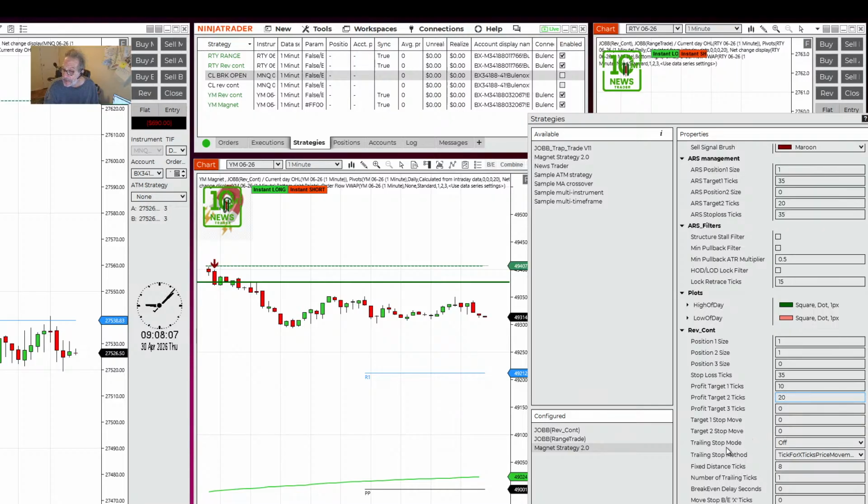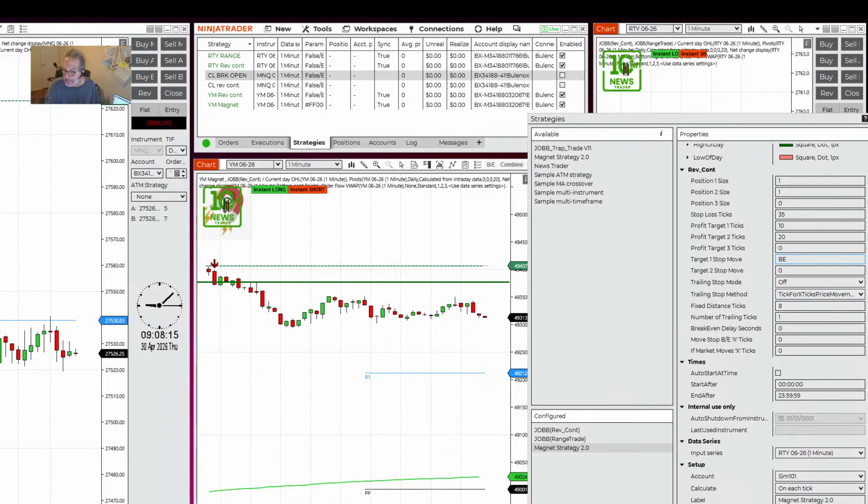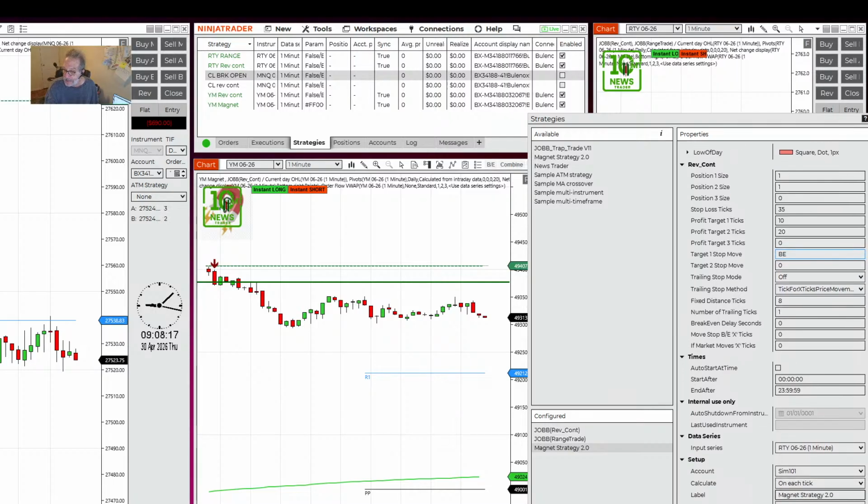If it hits the first target, target one stop move moves the stop to BE, break even. So we've programmed our reverse continue as we label now the RTY magnet. And we put all our RTY setups in number 66.